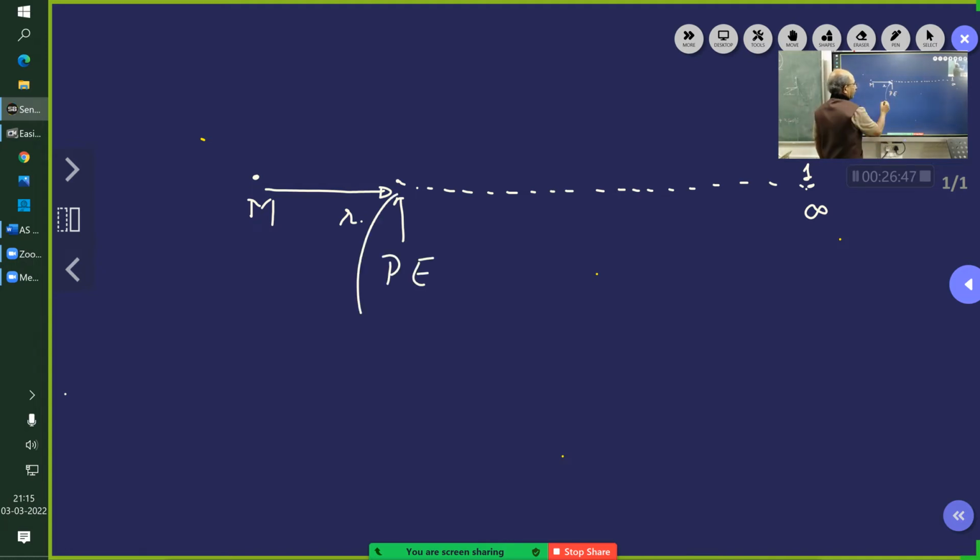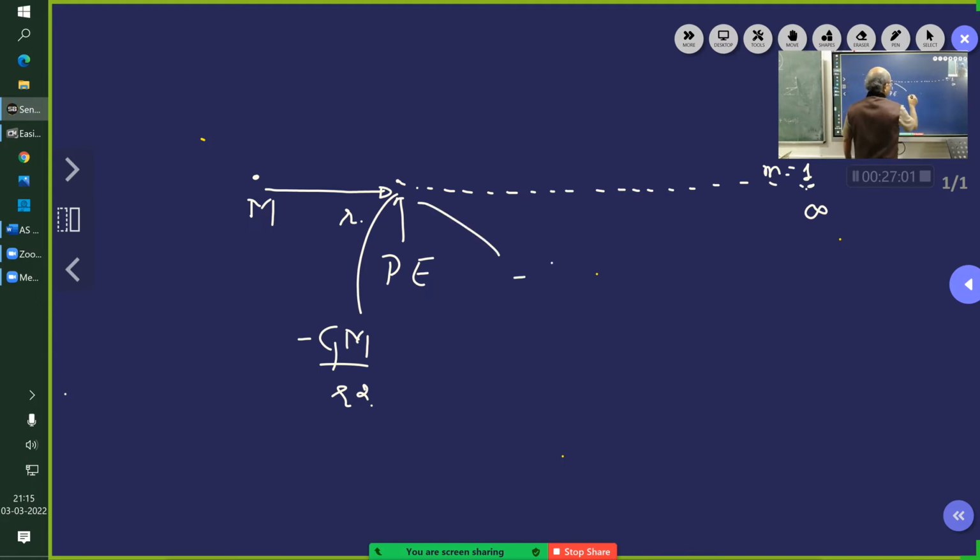By derivation, in the case of gravity, you got minus GM by r square, because this m is equal to 1. Generally we write the formula for potential energy as minus GM by r. Sorry, not r square, r.